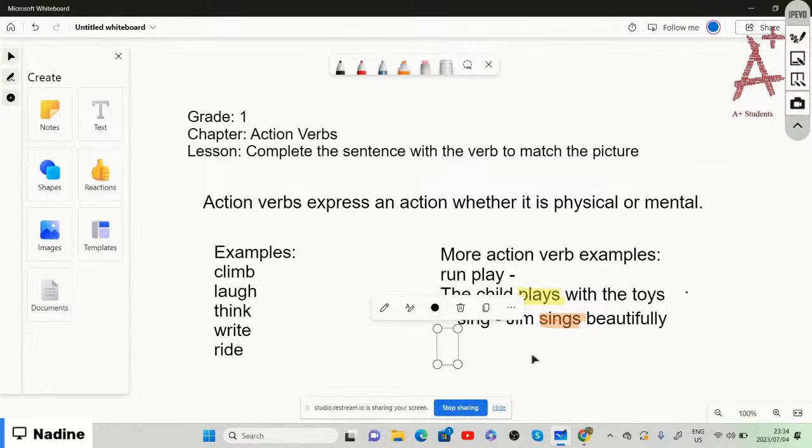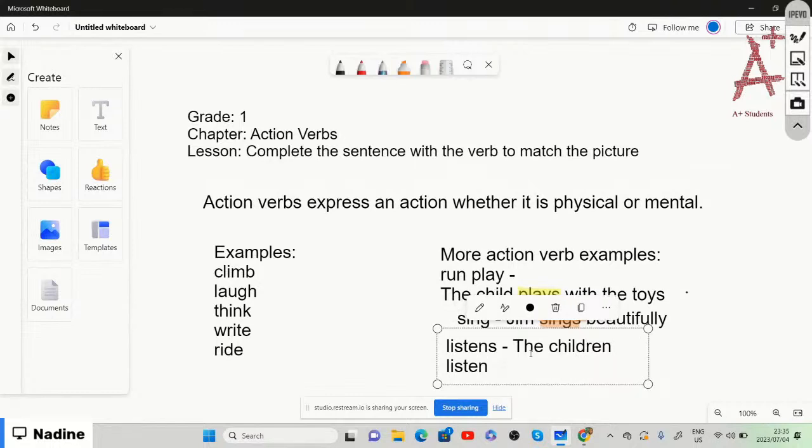All right, we're going to do one more sentence. You need to think of a few sentences, right? All right, let's go with listen, right? Because listen or listens, it's also an action verb. So we can either say the children listen to the story, right?